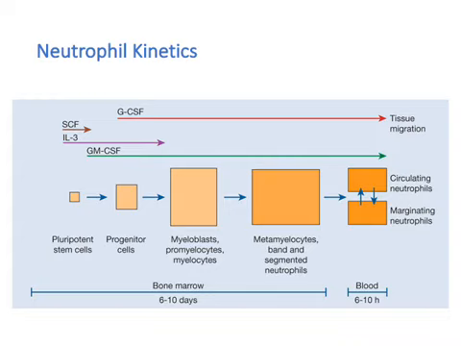This serves as a storage pool for the granulocytes, and only about 10% are actually found in the blood. Some of them are freely circulating, while the rest are adherent or marginating in the endothelial cells.